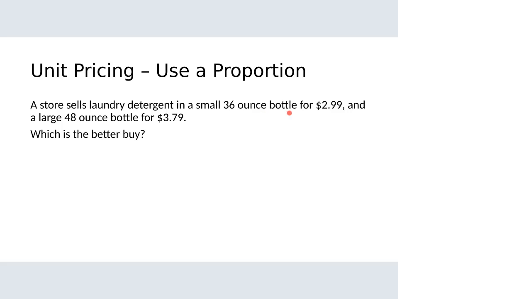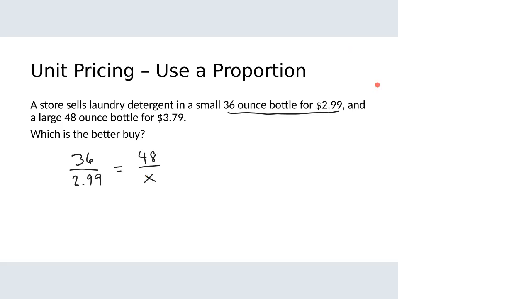If our 36 ounce bottle costs $2.99, and we set that up as a proportion, then the way I'm going to set up my proportion is, okay, a 48 ounce bottle would cost how much if it was going to be priced at the same rate? This is very similar to what Lorraine did. Lorraine didn't do it by setting up a proportion directly, but it's very much what she did.